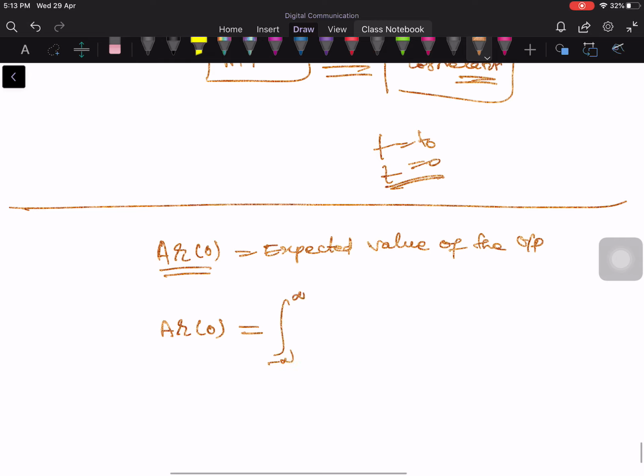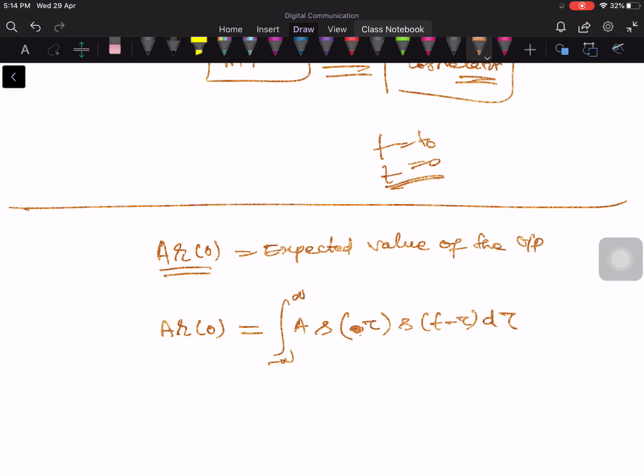So integral minus infinity to plus infinity A times s of minus tau and s of t minus tau d tau. Okay, and this is complex. If you take conjugate, then this is plus tau actually.